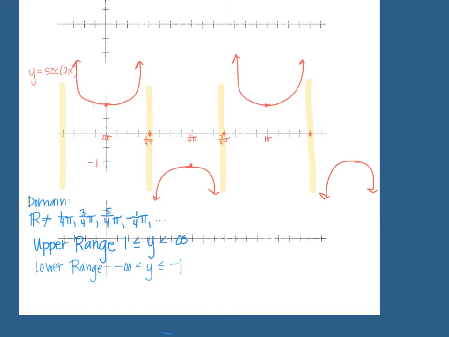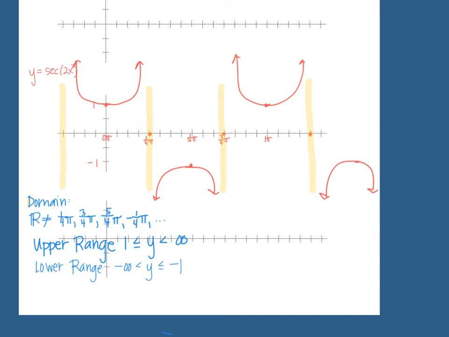So if I shifted this whole thing, say, up a couple units, that would affect the upper and lower range. It doesn't affect the asymptotes, but it would affect the upper and the lower range of where you would end up drawing those. If you pulled this up higher, the upper range would go higher, but the lower range would go higher also. So let's say we pulled this whole thing up 2 units.